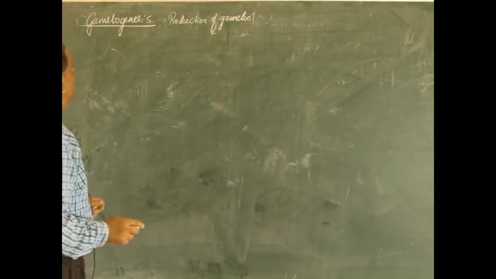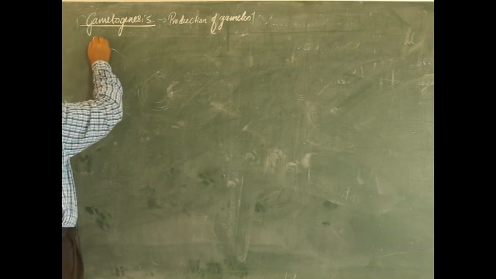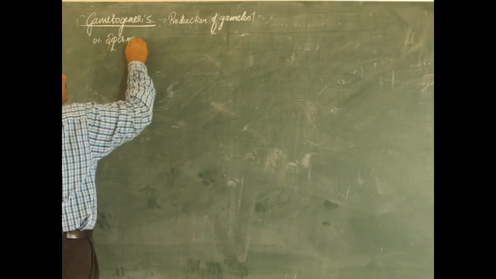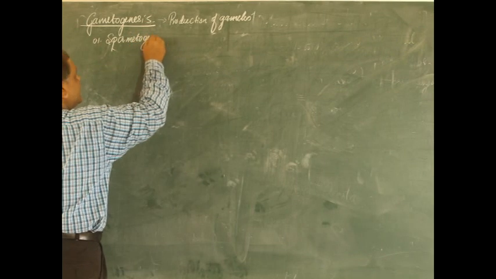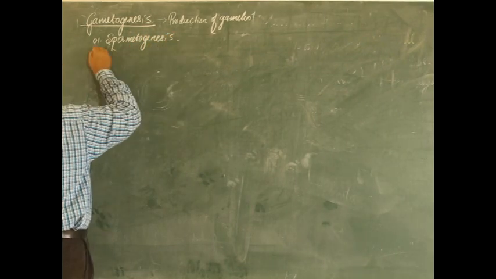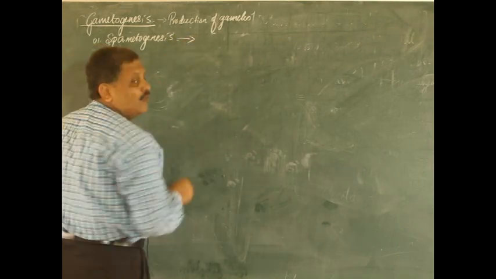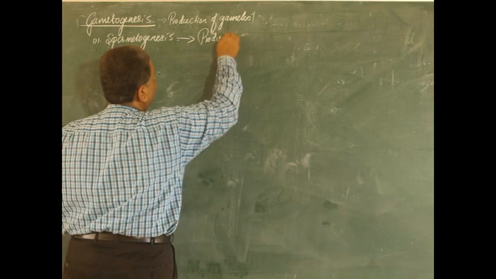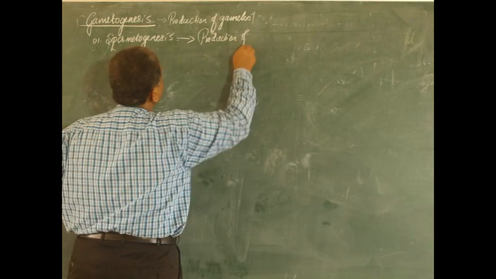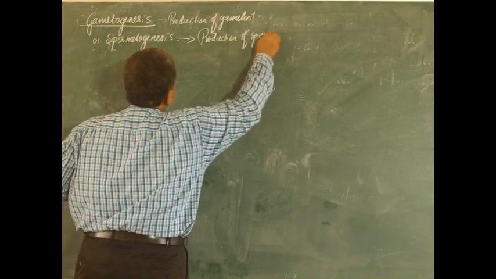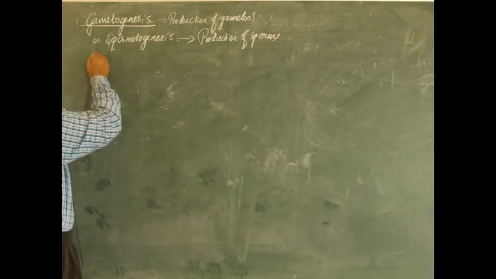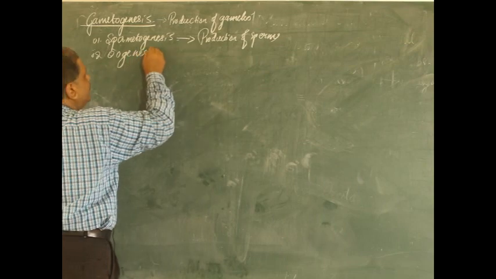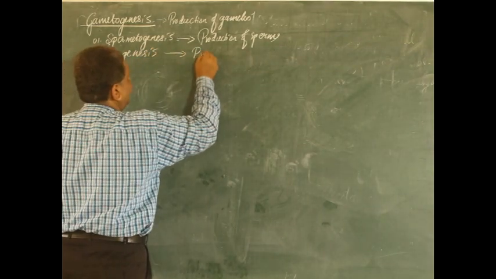There are two types in this particular process. One is called spermatogenesis, and that is the process of production of sperms, and the second one is oogenesis, production of egg.